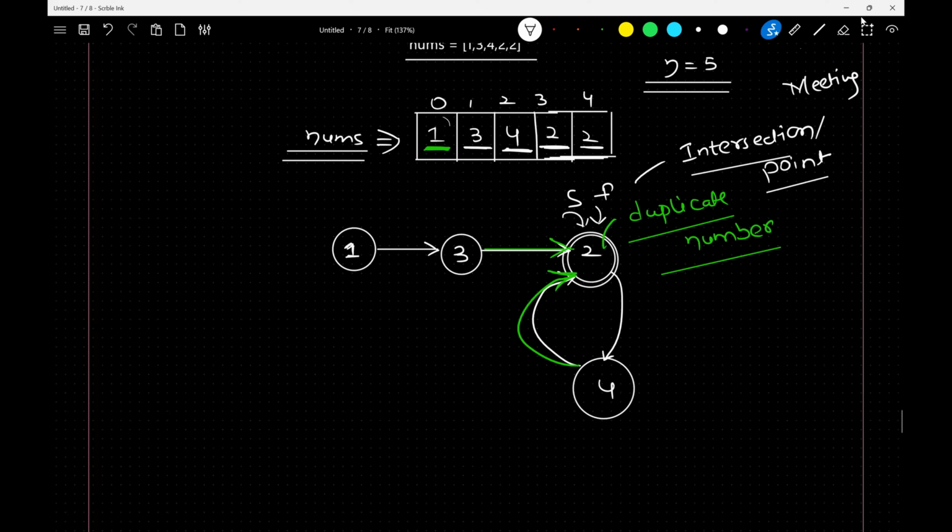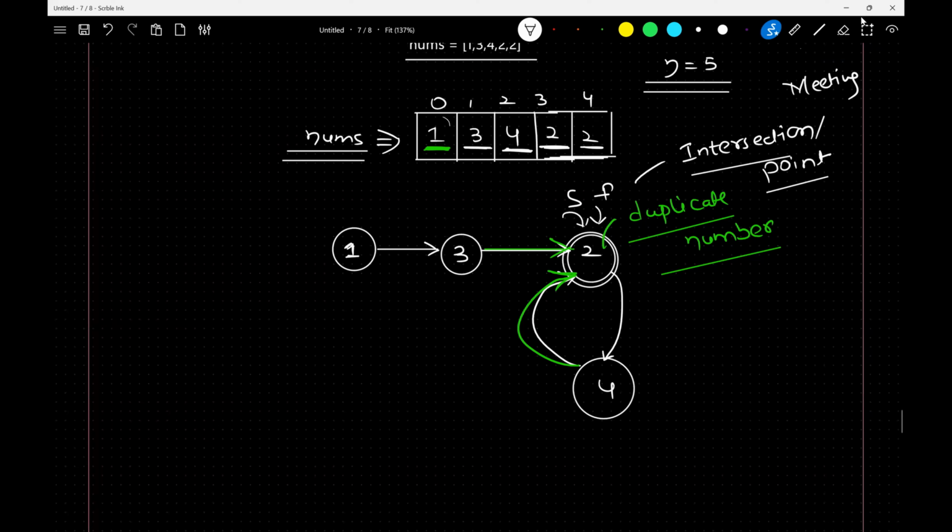Go to index number 3. What is the value? 2. Go to index number 2. What is the value? 4. So 2 is pointing to 4. Go to index number 4. What is the value? Again 2. So what you are observing is that 4 is also pointing to 2 and 3 is also pointing to 2. That's why it's a duplicate element. Is this understanding or intuition clear?